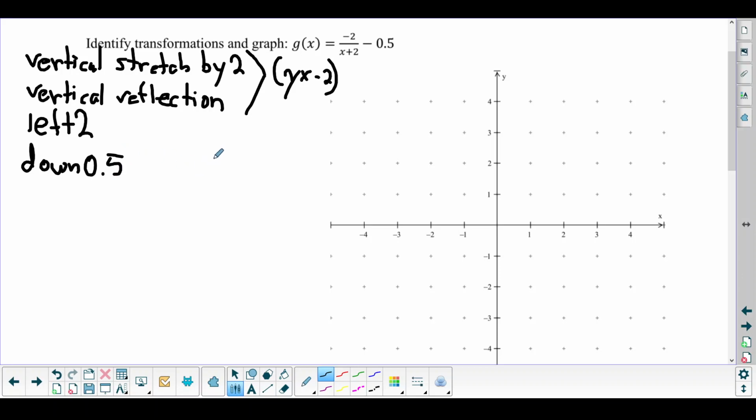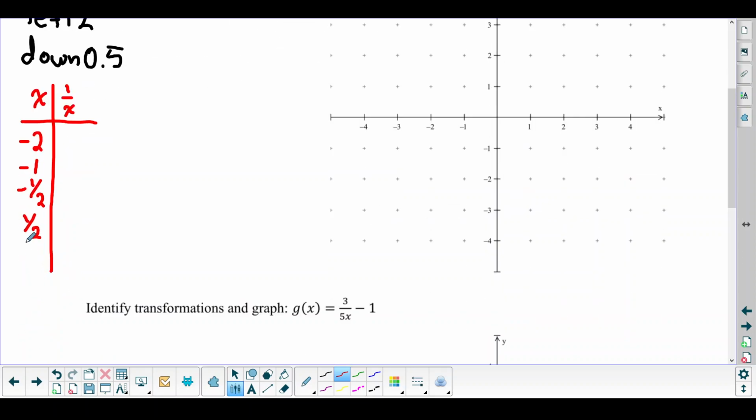All right, so let's start this process of graphing. So we're going to make our tables of values. -2, -1, -1/2, 1 over 2, 1, 2, and the reciprocals.